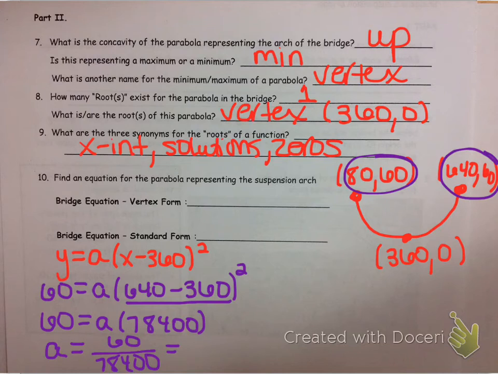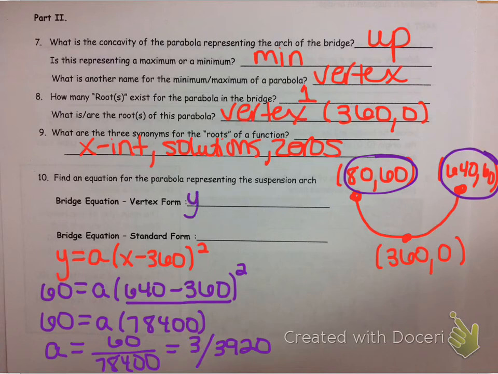And that reduces, sorry, obviously the dogs went crazy. So that reduces down to 3 over 3920.